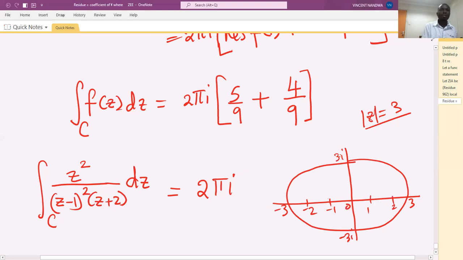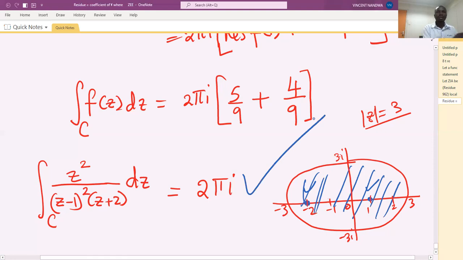You see the poles of this function were z equals 1 and z equals negative 2, so all of them are within the circle. That's why we need the calculation for both. So therefore, that is the solution to the specified problem. Thank you.